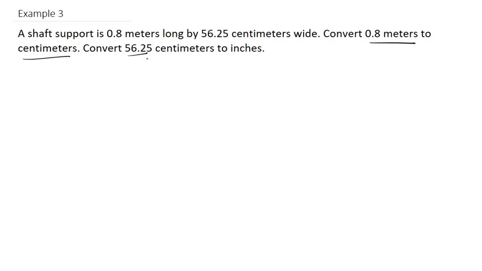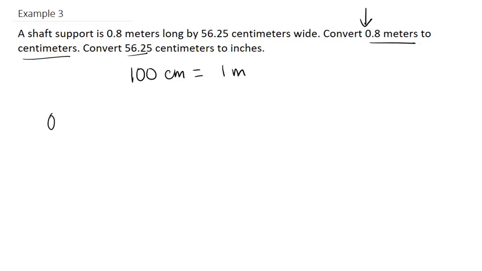So we have two different conversions in this problem. So let's address the first one. So for us to convert from meters to centimeters, we know that 100 centimeters equals 1 meter. So we're going to use this conversion for this first part.